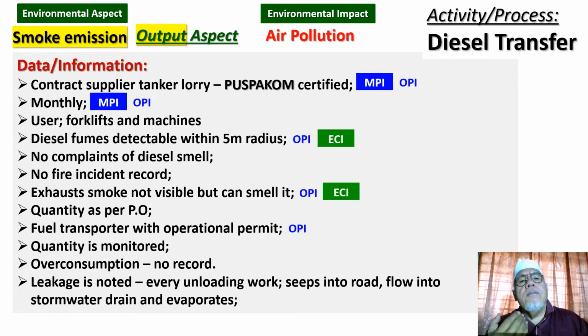data and information are important criteria for us to do environmental performance evaluation of a particular activity and for all the activities in this company. So there's a lot of information that we have to gather on site, especially when we are doing consulting for this particular company.